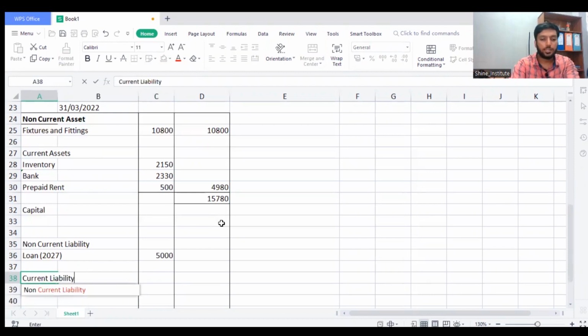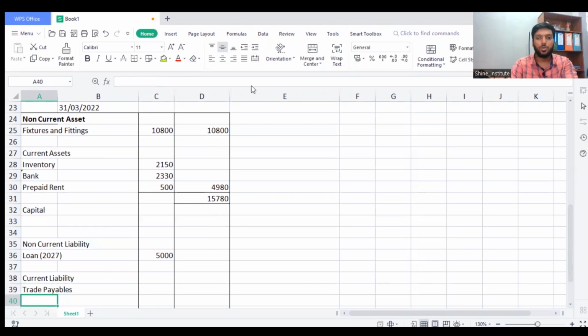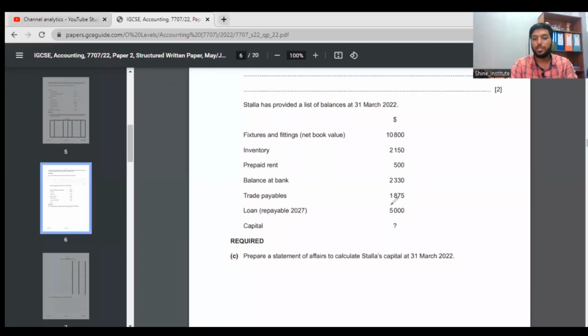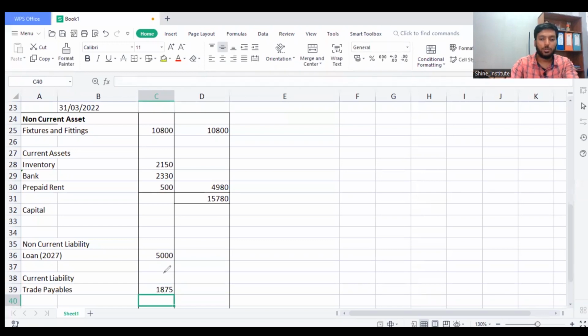There was nothing else in the sum, so I'll take trade payables. Now let me check, is the value I have taken correct? Trade payables is 1,875. Yeah, of course, loan repayable is correct. So 1,875 is the balance I'm going to take here. Then I'm going to take these values to the next side. So it's going to be 5,000 and then 1,875.